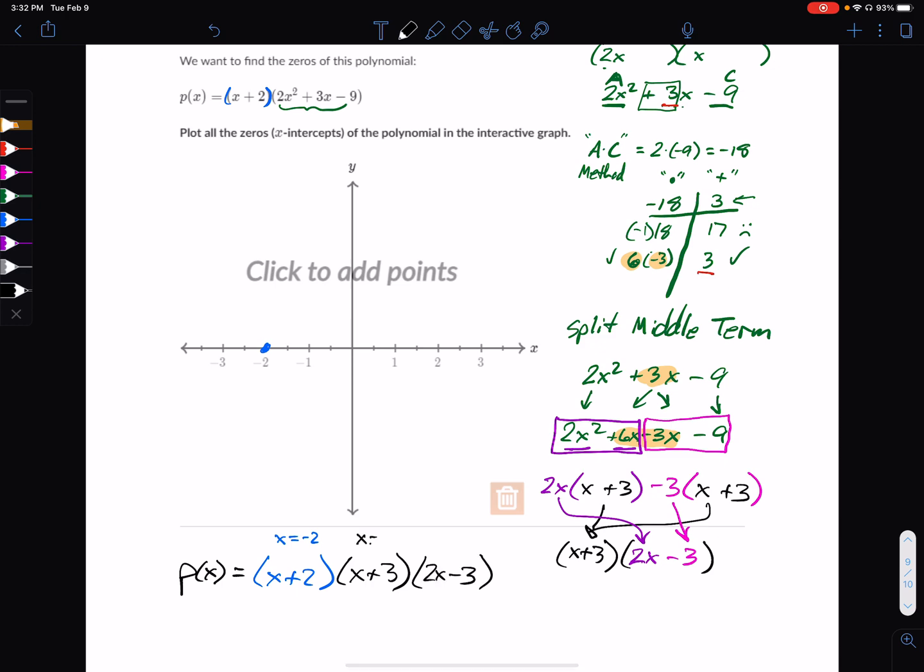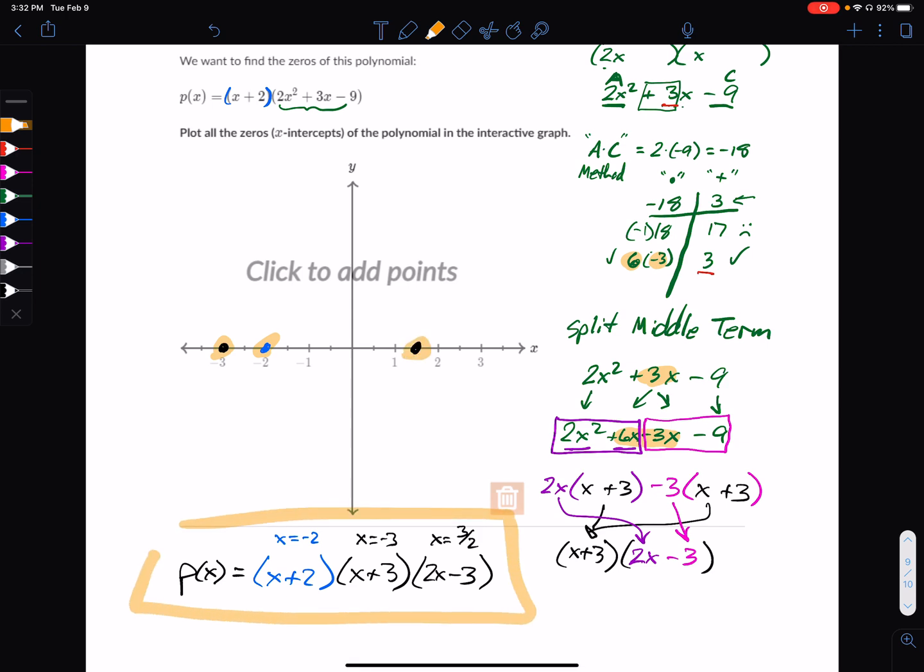So that'll be a 0 of x equals -3 and a 0 of x equals 3/2 if you solve that. So -3 is down here, and positive 3/2 is 1.5 right here. So there are your zeros or x-intercepts that come from the factored form that we found here.